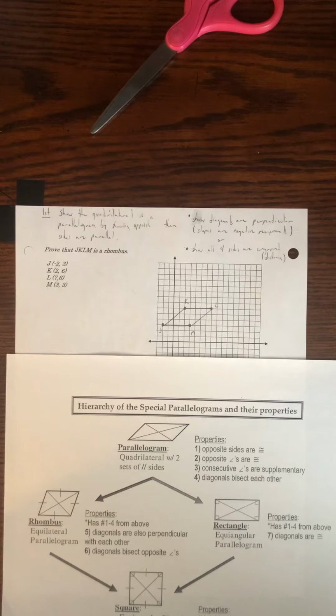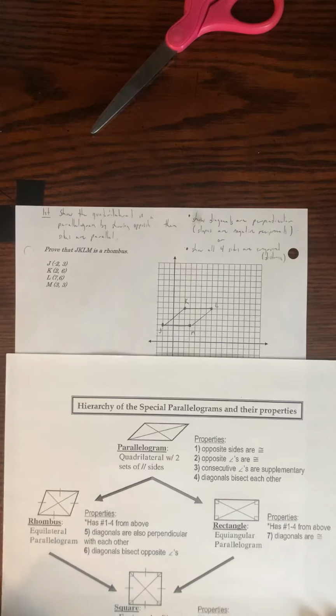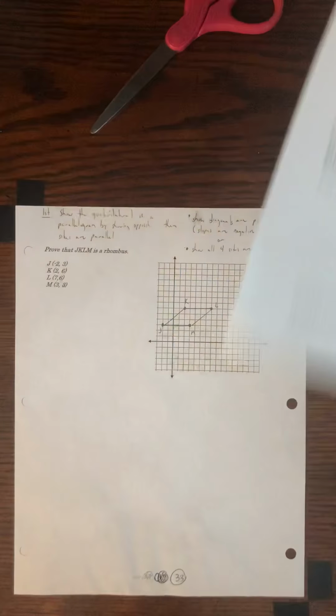Or another way, this one's more obvious when you think of the rhombus, but it does take a little bit longer, is to show that all four sides are congruent. So you'd have to use the distance formula 4 times and calculate the length of each side. But we're going to go with that first option.